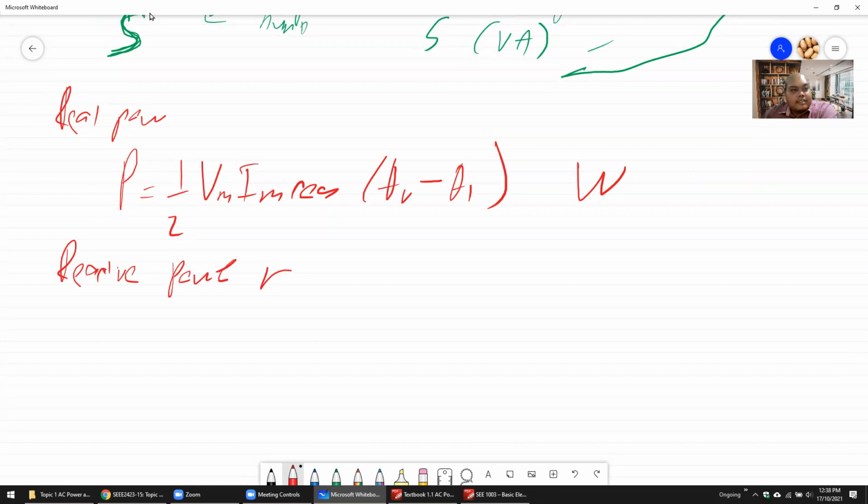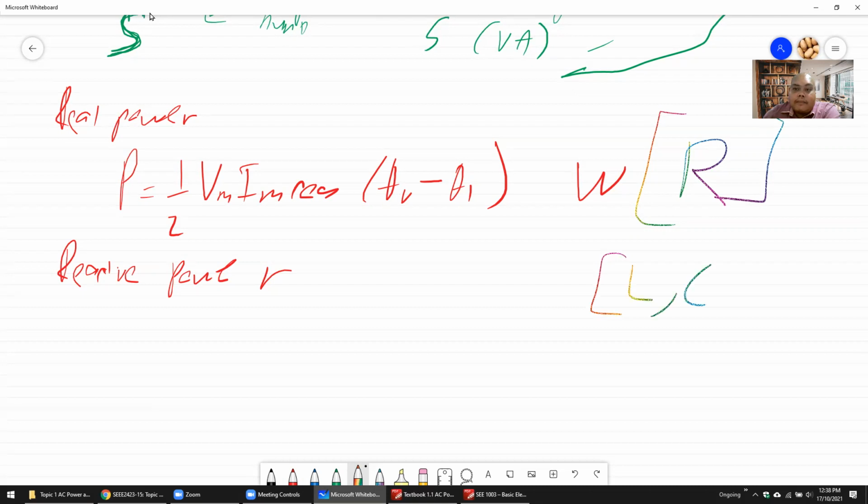In real power, the power is absorbed by the resistor, but reactive power is absorbed by the inductor and capacitor. So reactive power is basically caused by L and C.